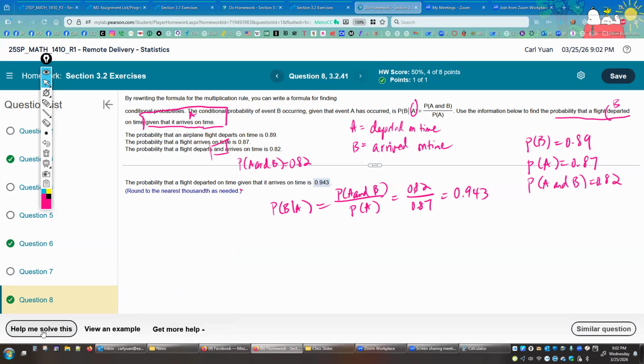Help Me Solve This breaks the problem into multiple steps, which may be very useful for problems like these. If you're having issues, try some of these resources.